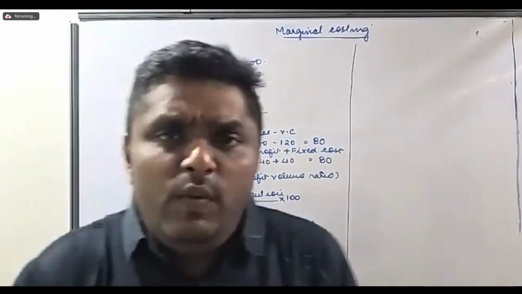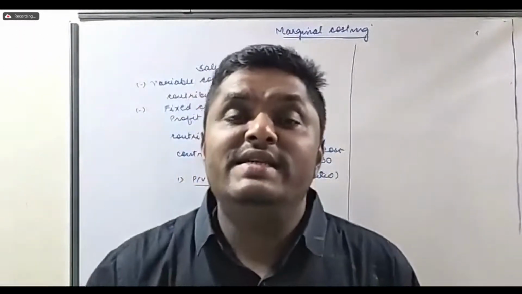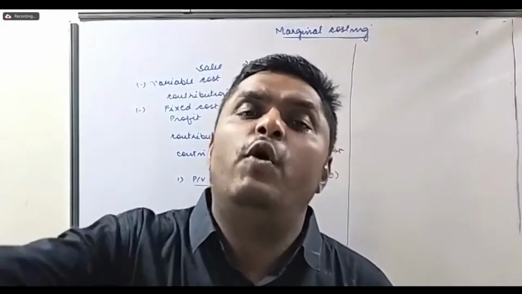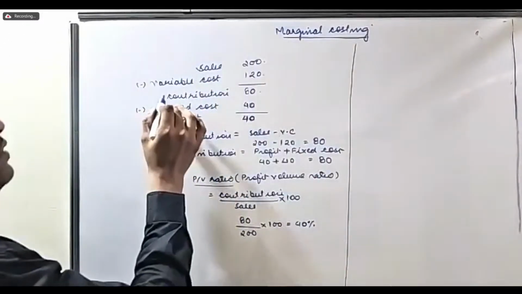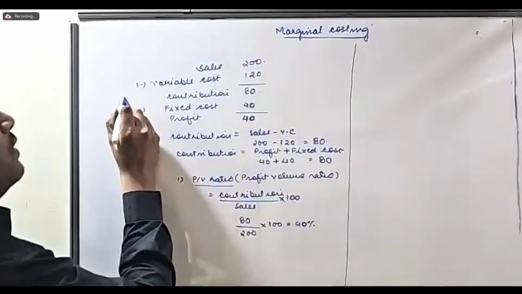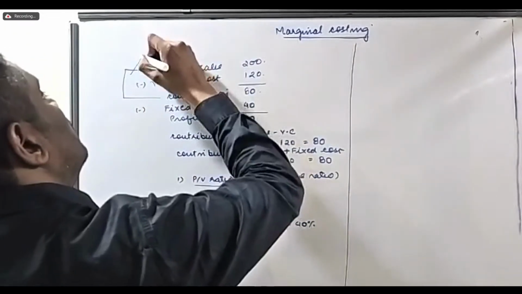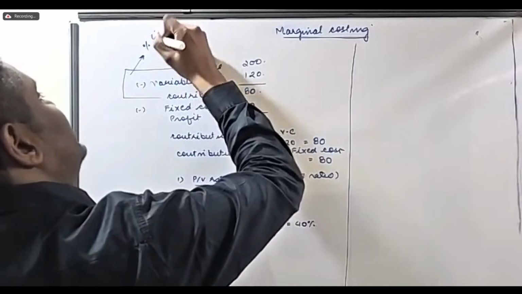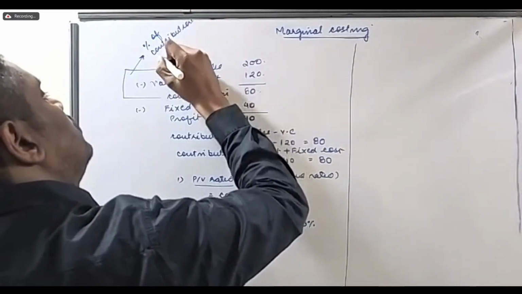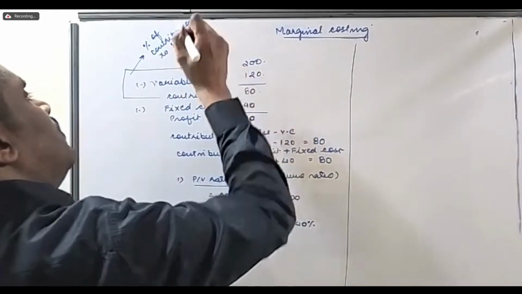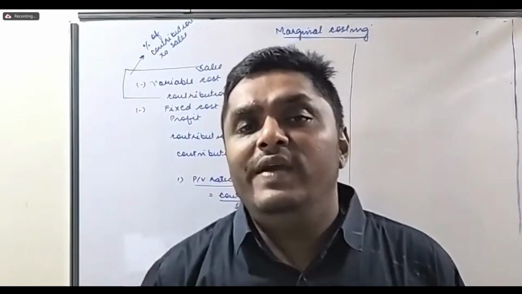See, in simple terms, what is PV ratio? This contribution of 80, what percentage is it of our sales? What is the percentage of contribution to sales? This is what we call PV ratio.